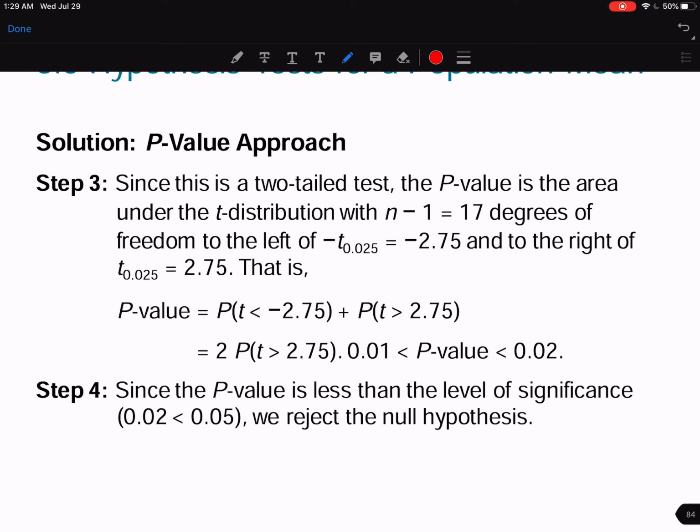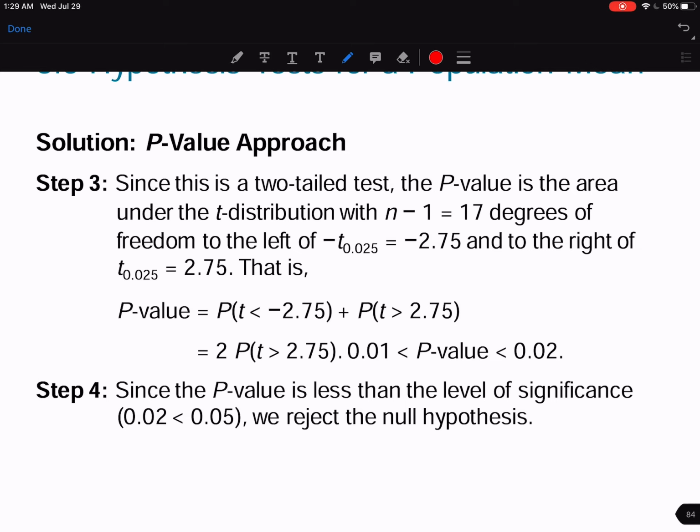Of course, since this is a two-tailed test, the p-value is the area under the t-distribution with n minus 1, equal to 17 degrees of freedom, to the left of negative 2.75 and to the right of 2.75.